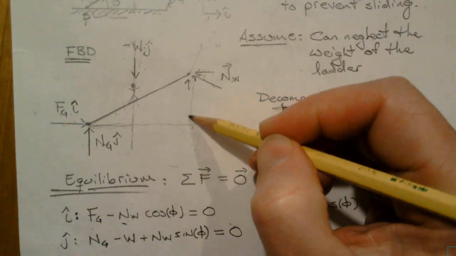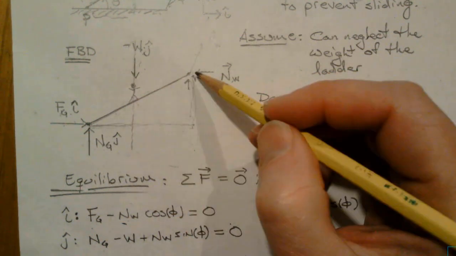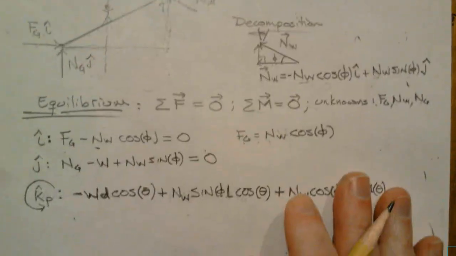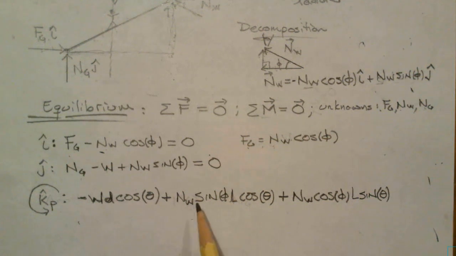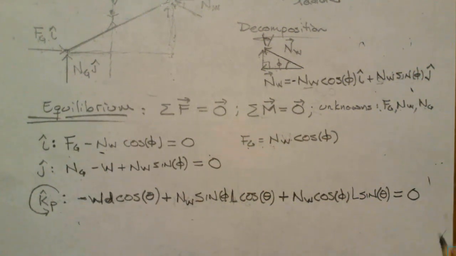It's going to be this distance right here, which is L times sine of theta. So there's my three components of the moment. All those have to add up to 0. The three constituent pieces of the moment, they're all the same component, I guess. They're all in the k-hat direction.